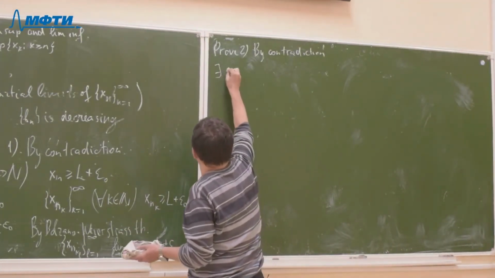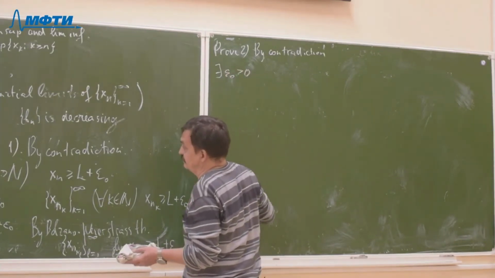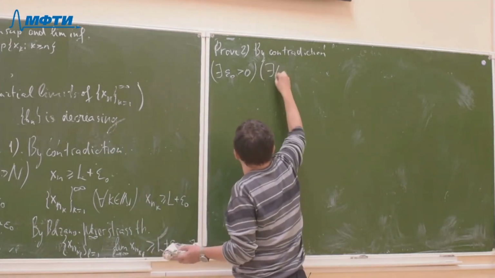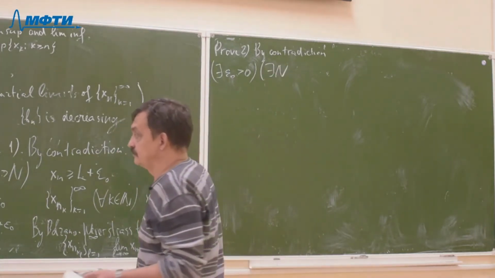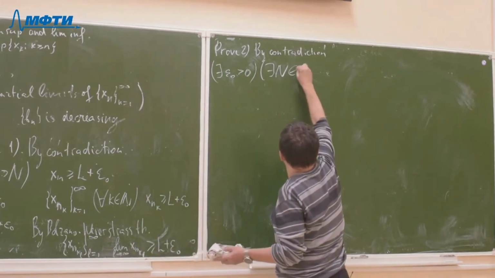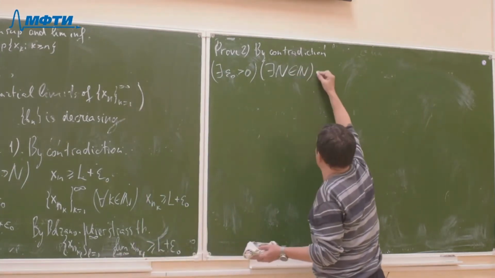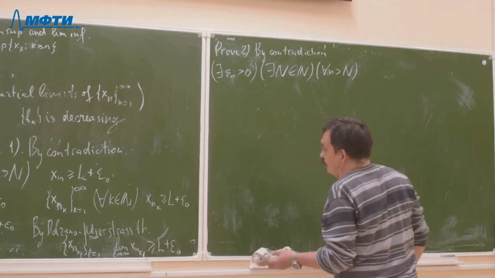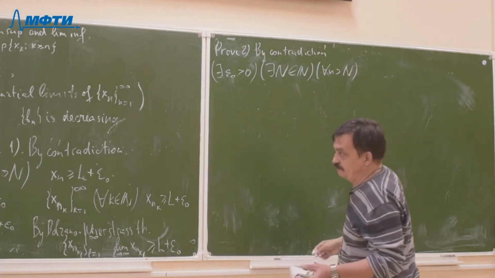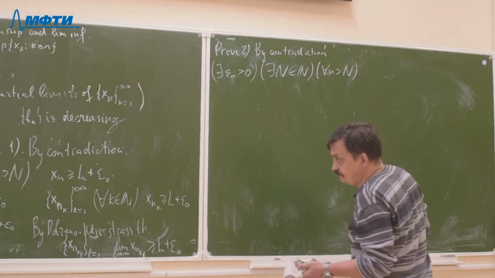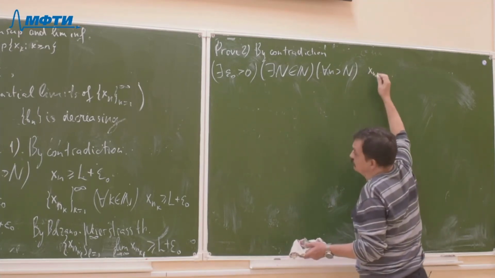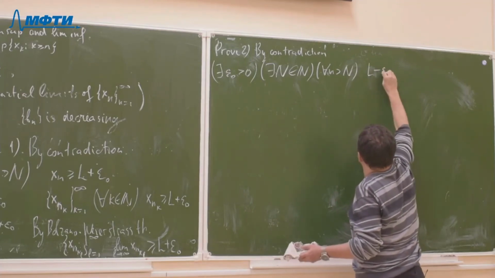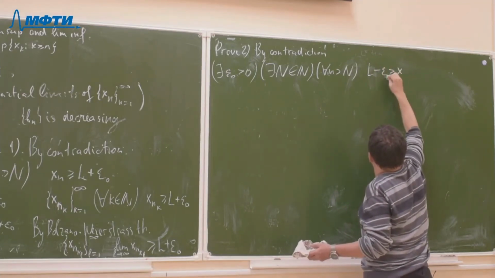There exists epsilon naught positive such that there exists a natural capital N such that for all n greater than capital N we have the opposite inequality. It means, let me write it like it was written, x_n less or equal than L minus epsilon naught.